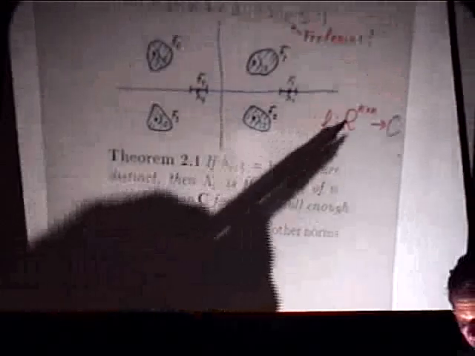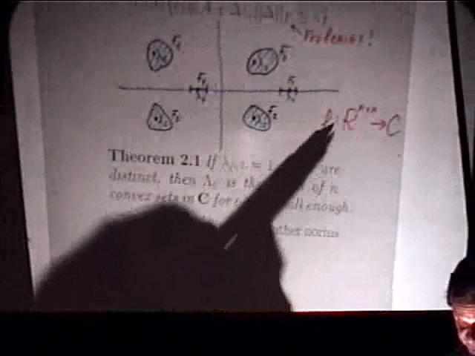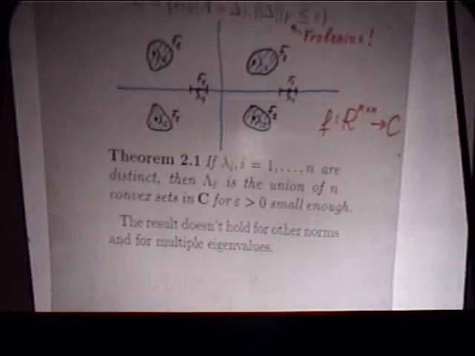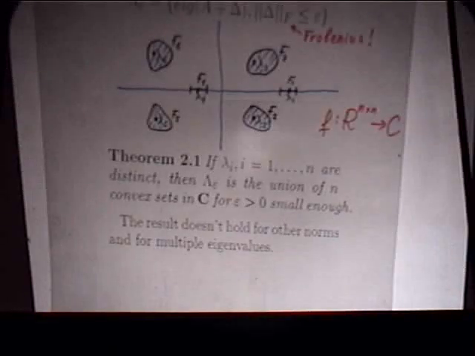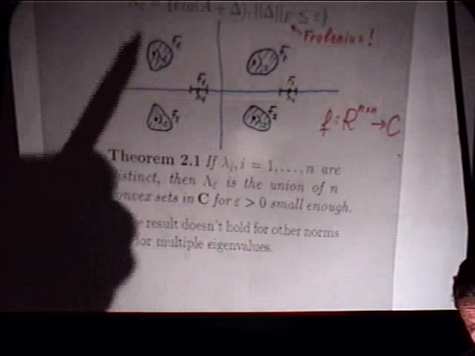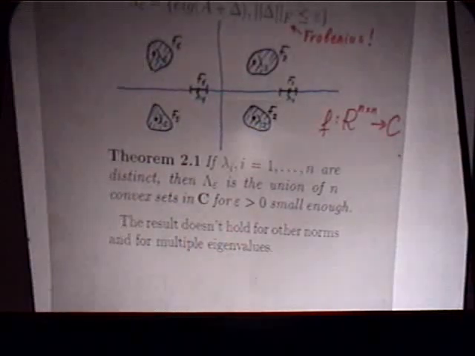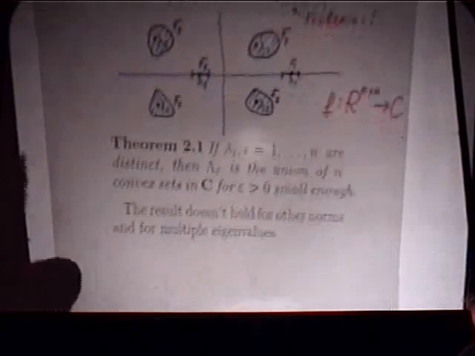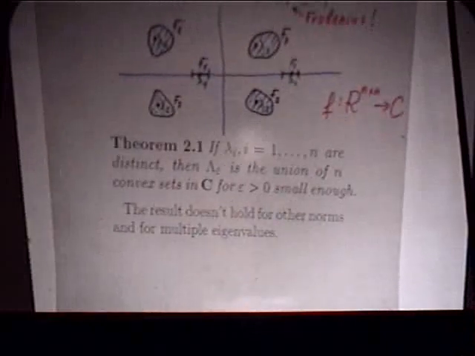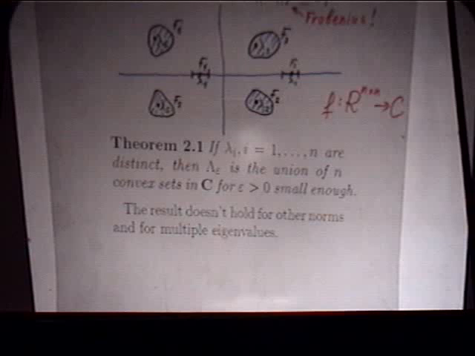We have this mapping from this space to the complex plane, which can be understood as R2. And we can check the conditions of our theorem. These regularity conditions are ensured if eigenvalues are simple. So that's all.